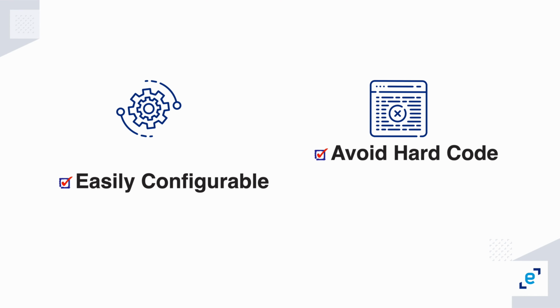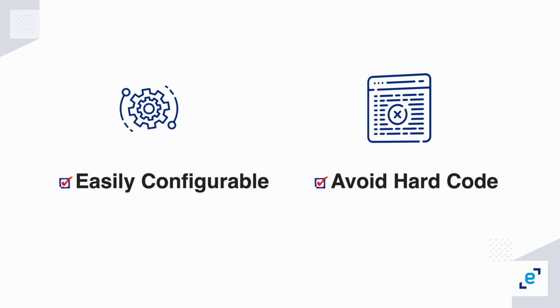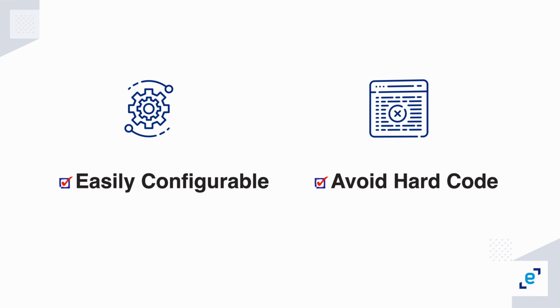Our components and PBCs should be easily configurable. By this, I mean we must avoid hard-coded stuff. It's preferable to use separate configuration files or database tables to store any value that's needed in your component.